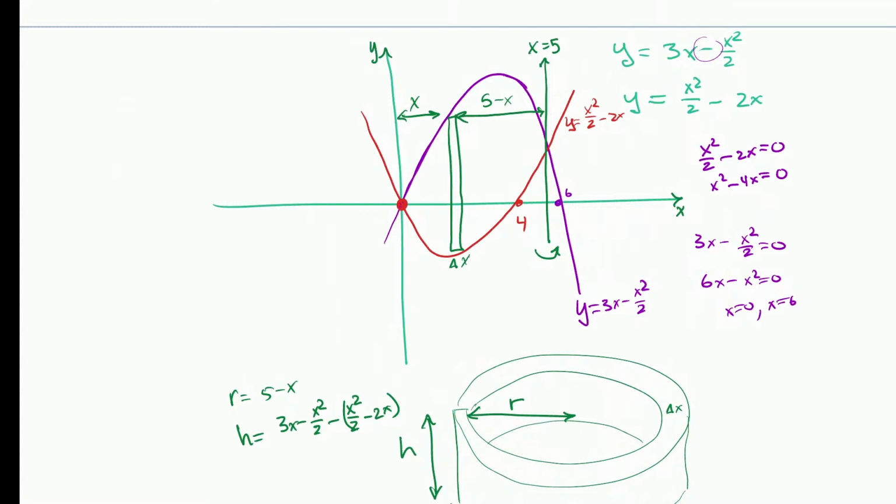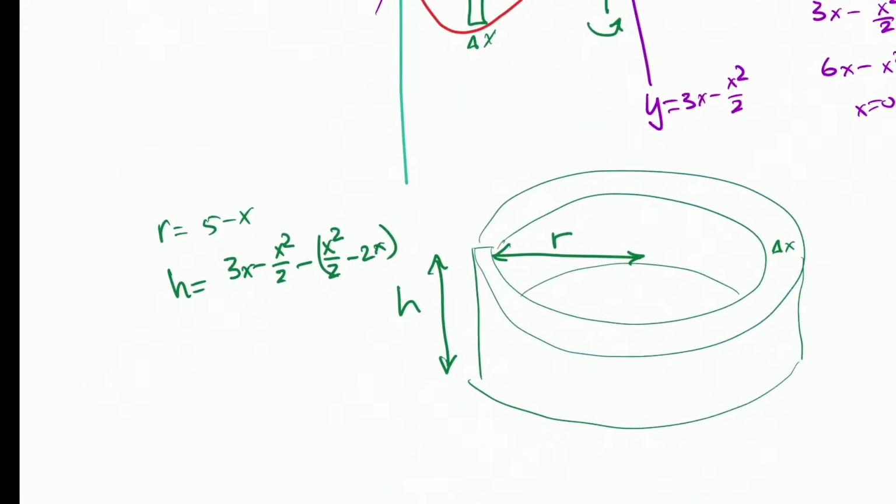So having a good sketch, and by the way, if you solved this, we'll just pretend you've done the algebra, you do get 5 and 0 as the 2 points of intersection for x. But anyway, if you have a good sketch, it'll go a long way to helping you figure all this stuff out. Now that we've got this, let me just set this up.